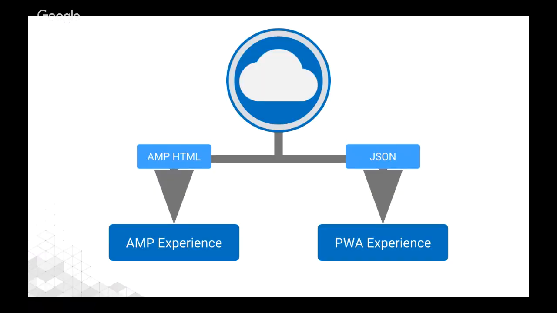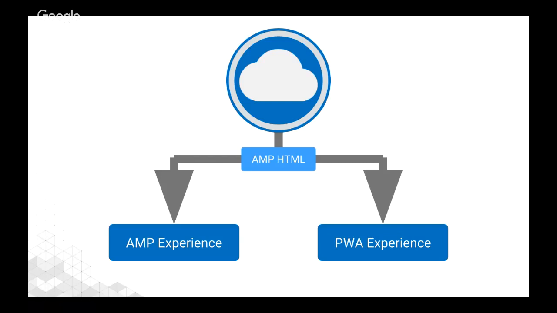So again, instead of having these two data formats and different experiences, here is what you can do with AMP. I don't want to go into too much detail, to be honest, because you can read up on it on the respective web pages.